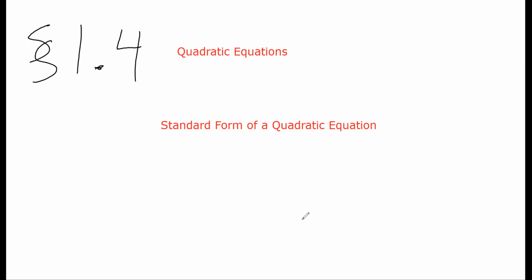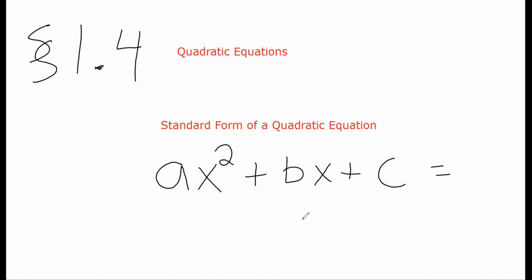We used a and b earlier to define a complex number, but it's not the same a and b. It's just saying it could be any number. So the standard form of a quadratic equation is ax squared plus bx plus c, and you could say it's equal to 0 if you want.